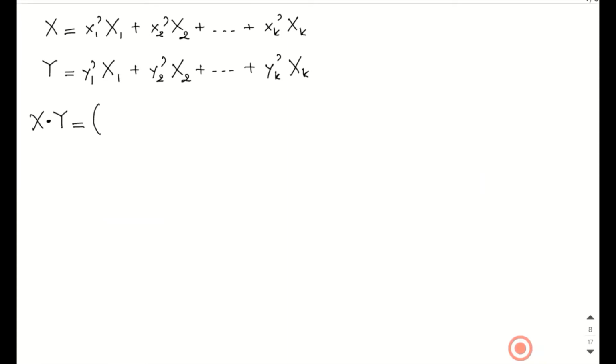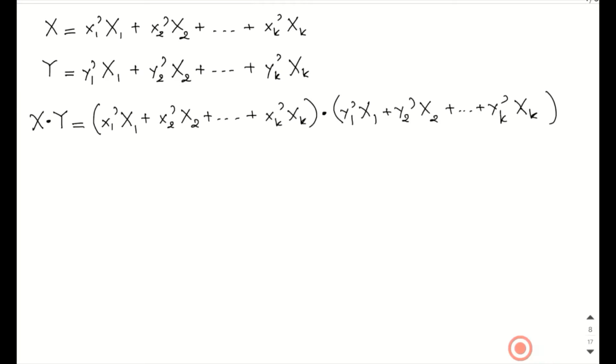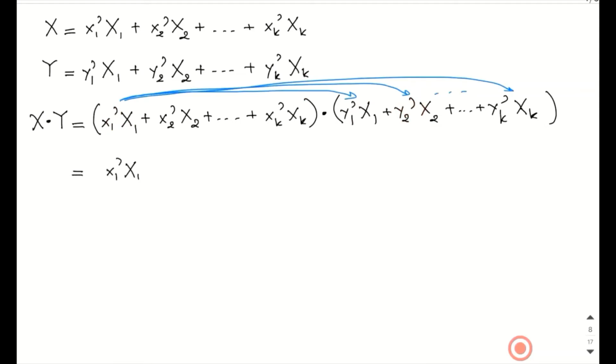So the dot of x and y is going to be just the dot between the combination for x and the combination for y. Now we are going to use the distributive property, property B. We are going to distribute each term here in the first sum to the second sum. So we are going to get x1 prime X1 dot with y1 prime X1.